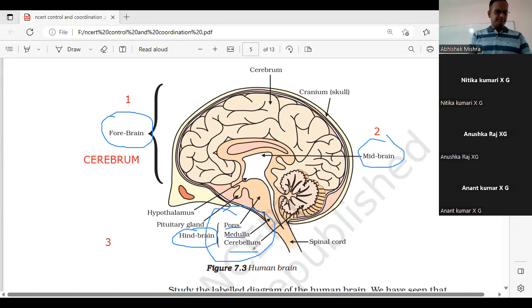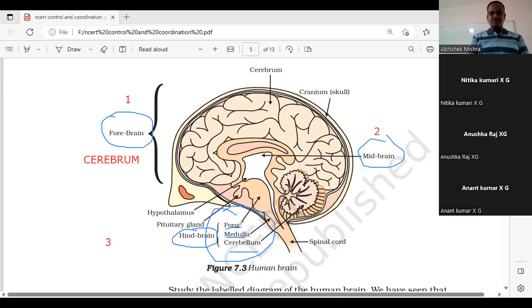Got it, Anant? Okay. Now the third part is the hindbrain. Hindbrain is divided into three parts. One is the pons, second is the medulla, and the third is the cerebellum.